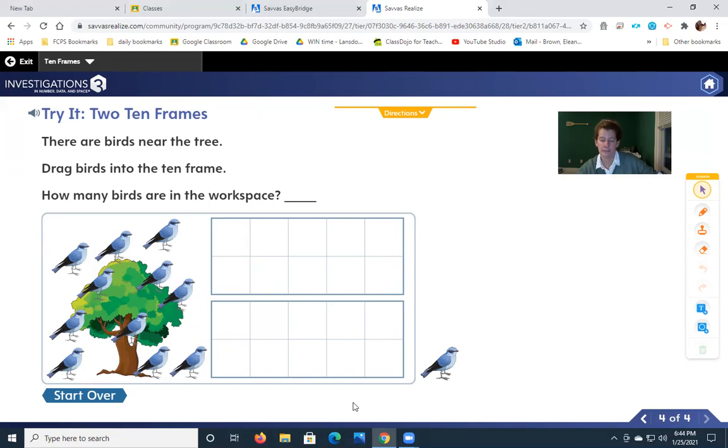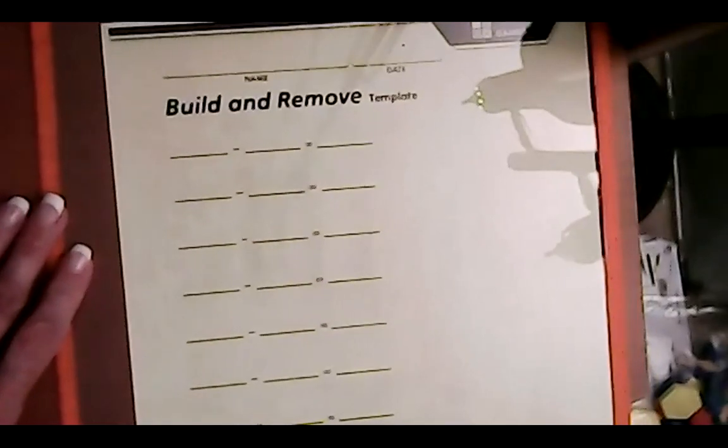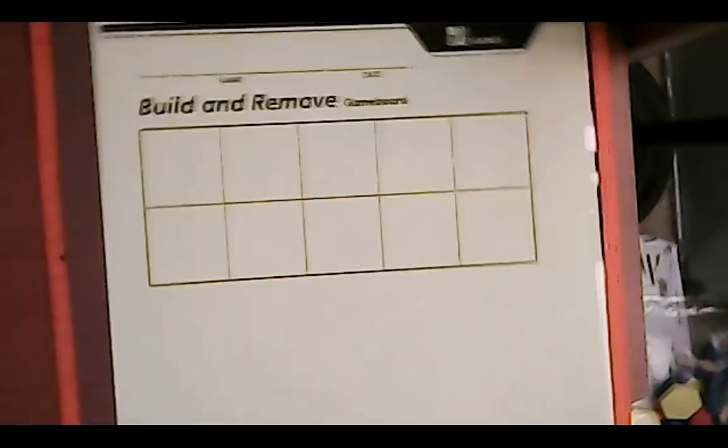Now, boys and girls, let me show you what we're going to do now. You should have this, build and remove, okay? And you should have this.